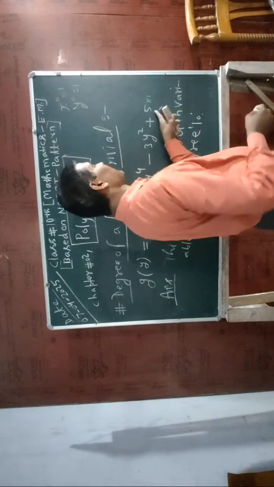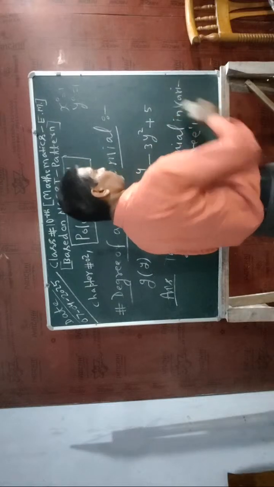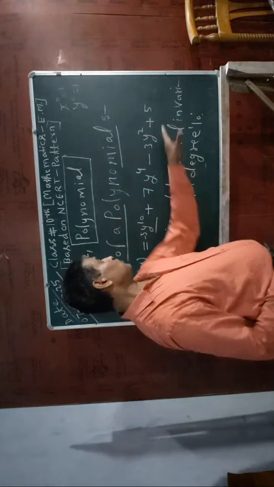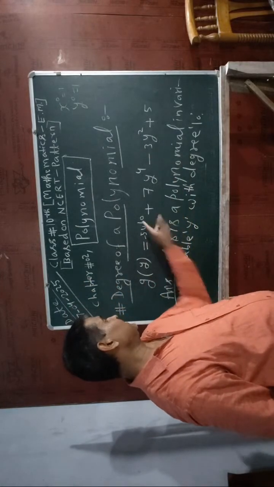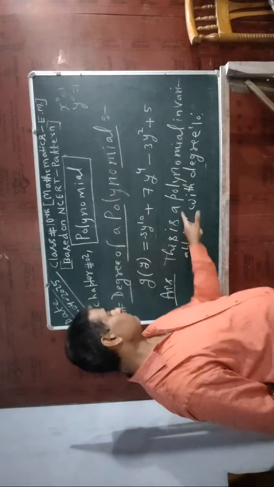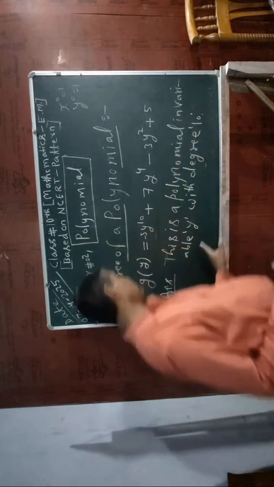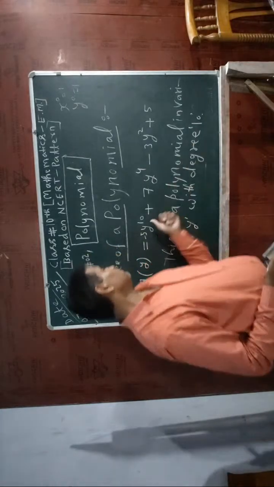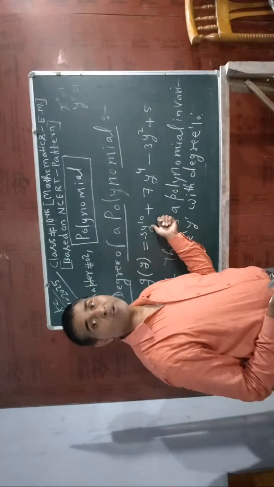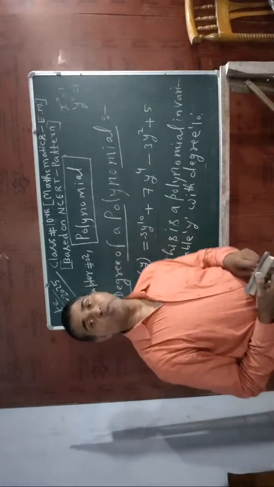If I multiply 5 with 1, that will become 5. Okay students, this variable has maximum power 10. So I will write this is a polynomial in variable y with degree 10, meaning it has maximum power 10. So the degree of the polynomial will be 10.